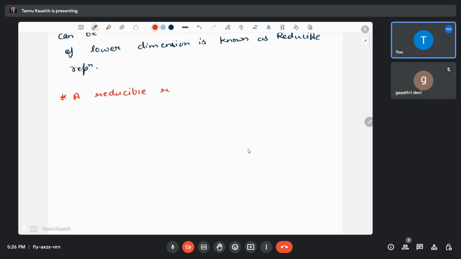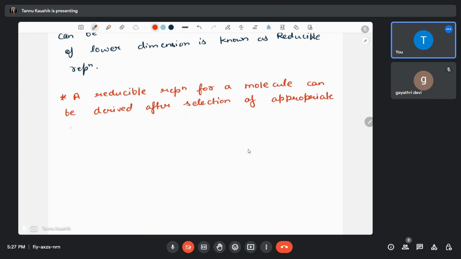A reducible representation for a molecule after selection of appropriate basis sets.